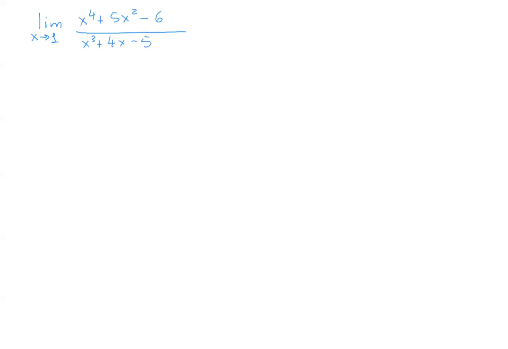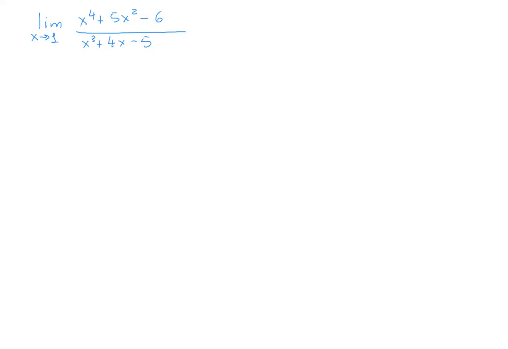So something along these lines. Okay, please pause the video and try to figure out what this limit is. It is 0 over 0, but let's make sure that we can get it right.